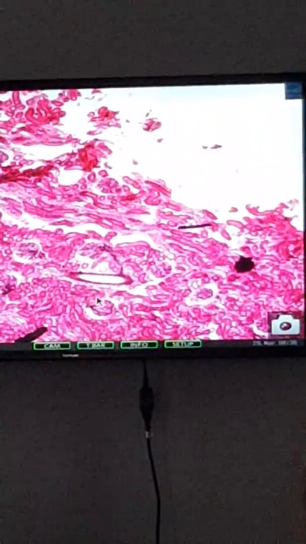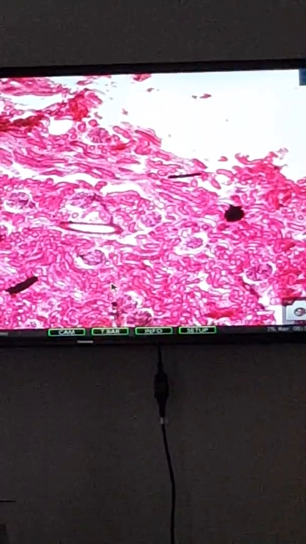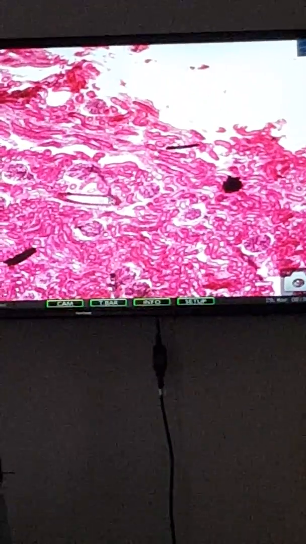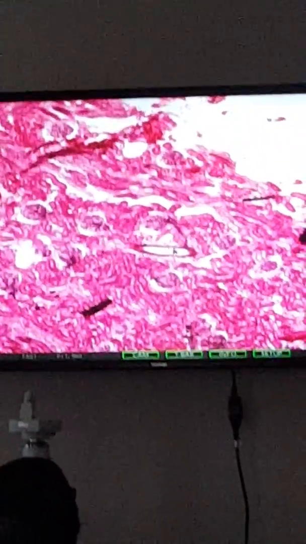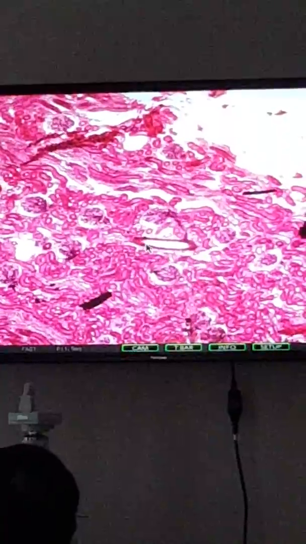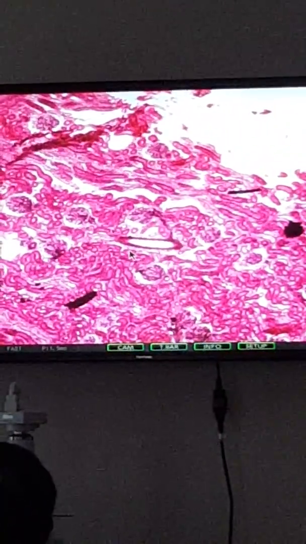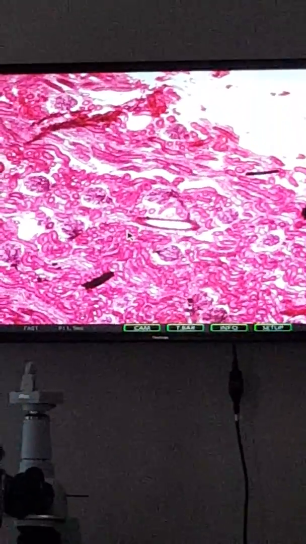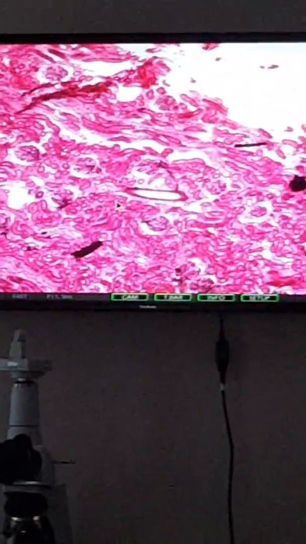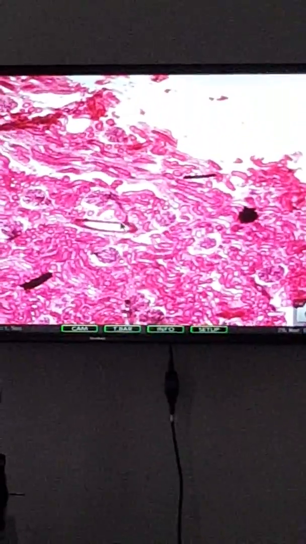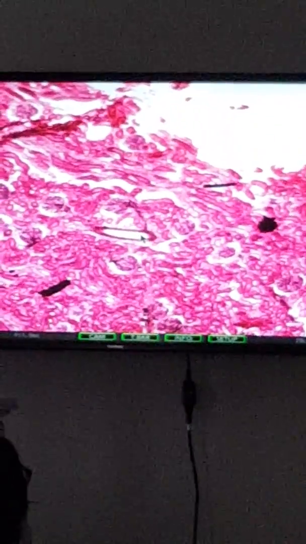All right, now look at this. What type of vessel do you think this is? Right here. Anybody? The way you're going to know it is it's moving toward the surface. It's moving toward the capsule.